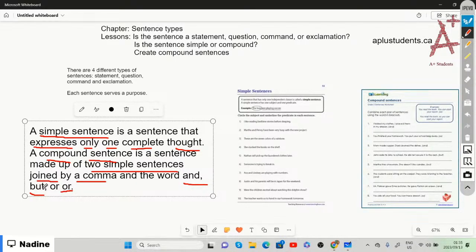So if you join these two sentences, then in the middle of the two sentences we put a comma, and then we join the sentences by using the word and, the word but, or the word or. And that is a simple and a compound sentence.